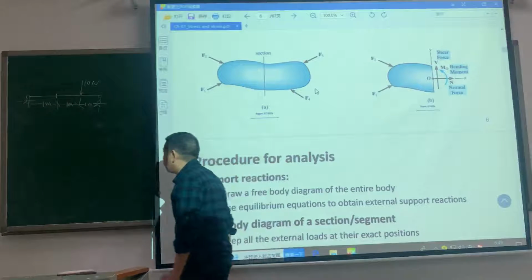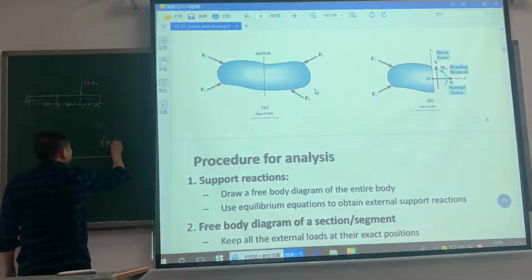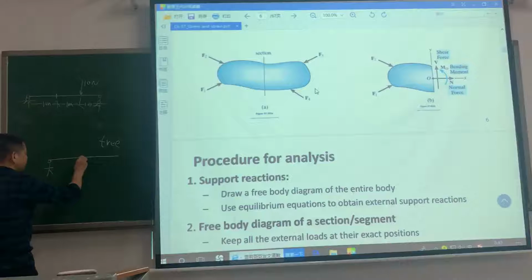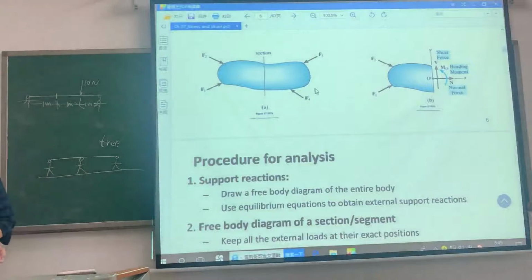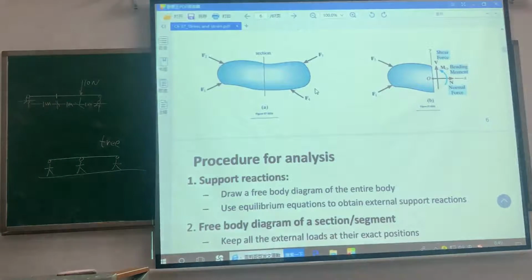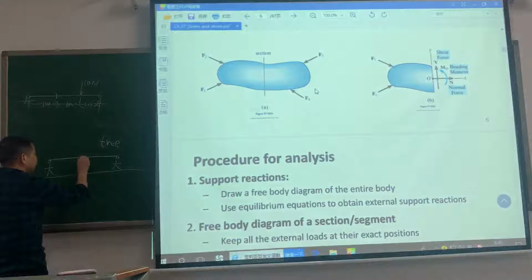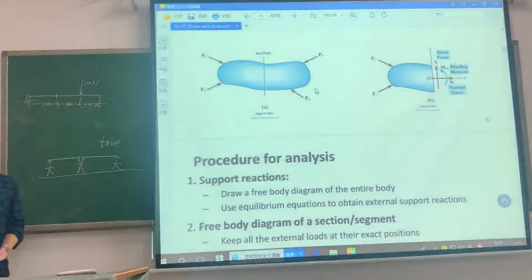Suppose it's a tree. Three of you carry it to another place. If this one is too high, yes or no? If this one is too tall, all the weight is carried by him.